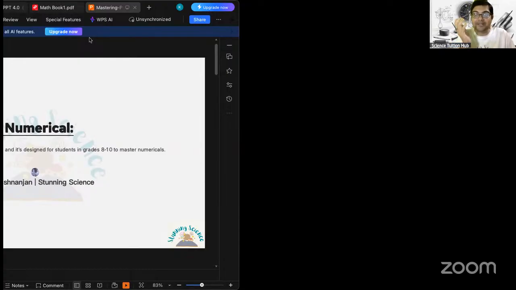So you need to always check the units. If you are doubtful, for example, acceleration is the rate of change of velocity, which means velocity upon time. The unit of velocity is meter per second, and the unit of time is second. So meter per second into second, meter per second square, correct? So you need to check the units.